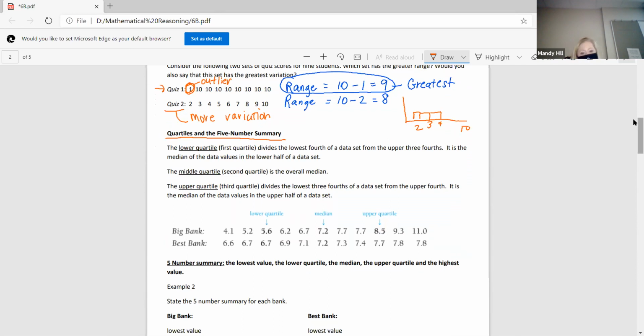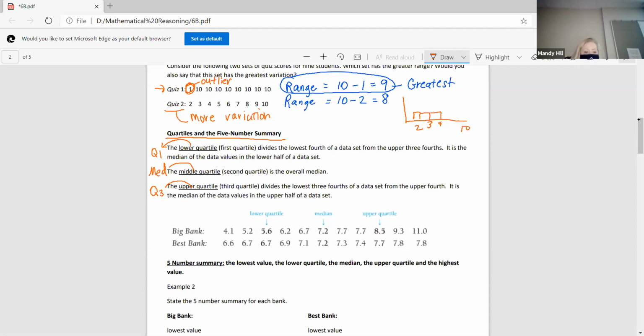When you're doing a box and whisker plot, it's important that we talk about what this lower quartile, middle quartile, upper quartile mean in a minute. This lower quartile on your calculator is going to be called Q1. The upper quartile is going to be called Q3. The middle quartile is called the median on your calculator.